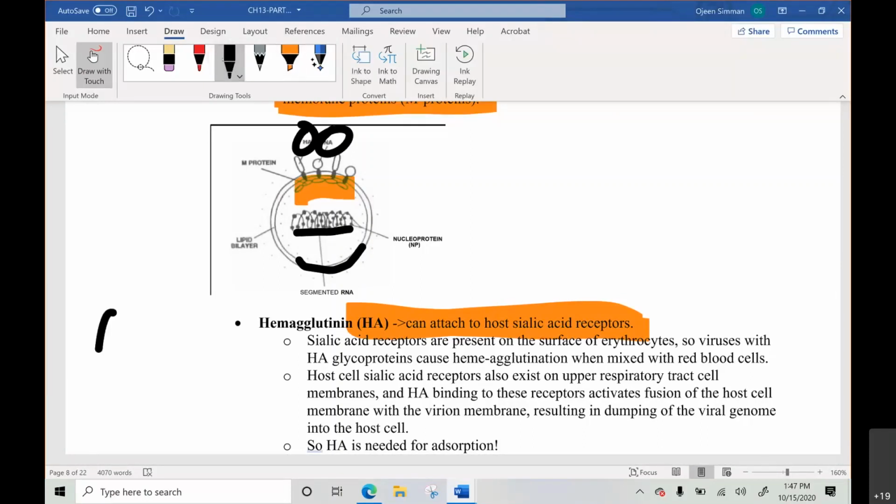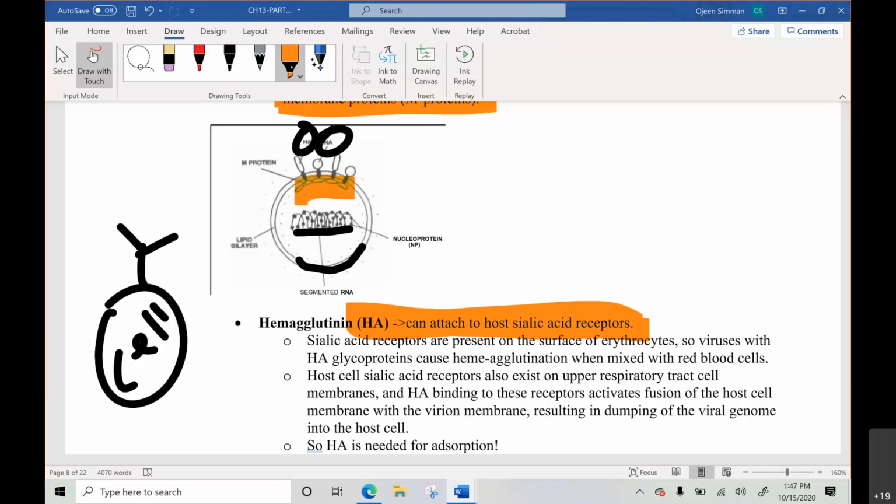Sialic acid receptors are present on the surface of erythrocytes, so viruses with HA glycoproteins are able to cause hemagglutination when mixed with red blood cells. Sialic acid receptors are also present on the upper respiratory tract cells.